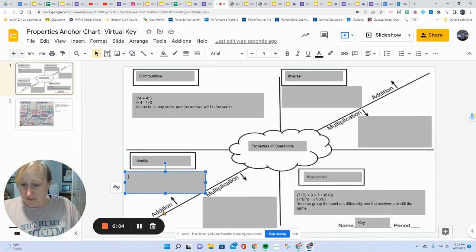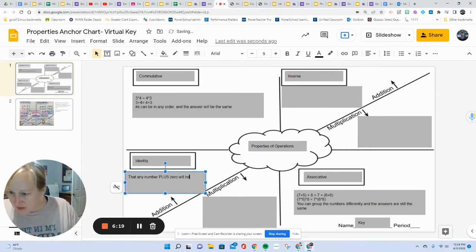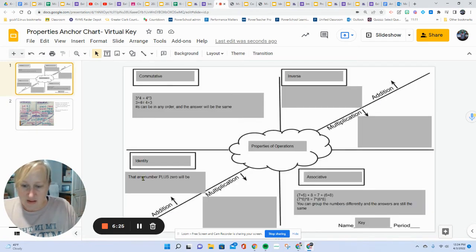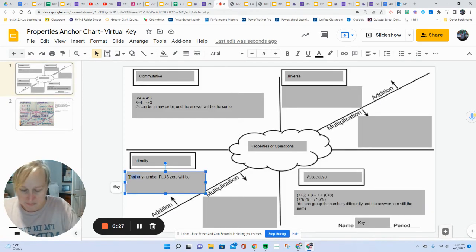So identity of addition is on the top. So that means that any number plus 0 will be, and I think they use the same thing, the sum of any number and 0 is that number. So that any number plus 0 will be the same number.